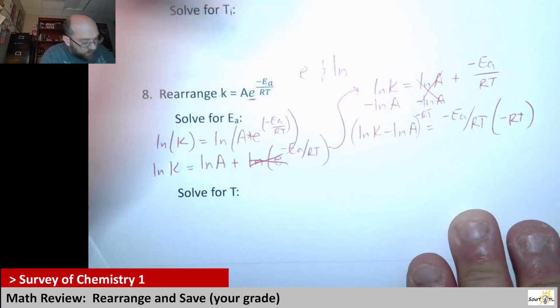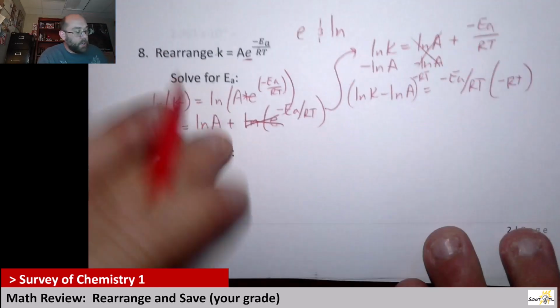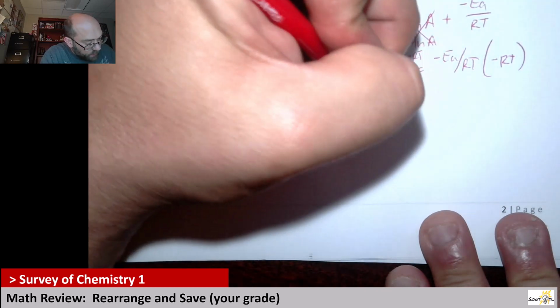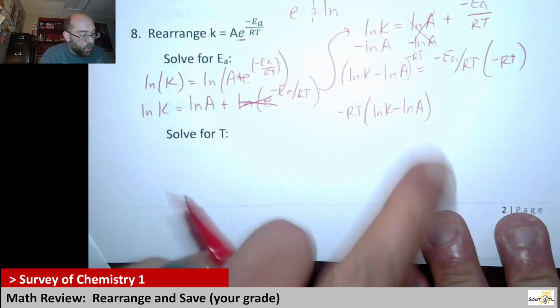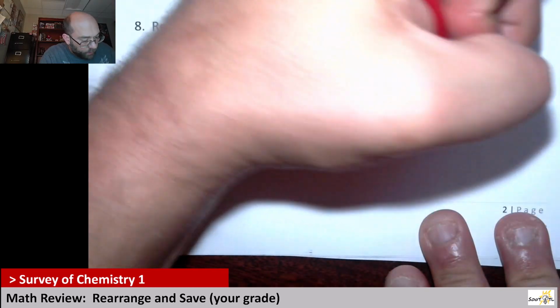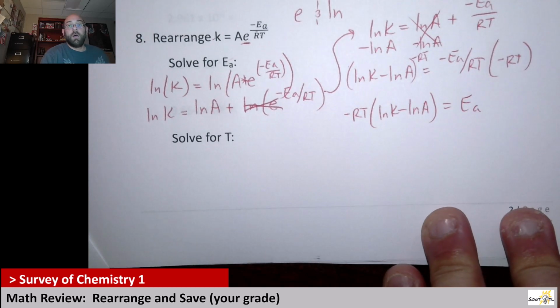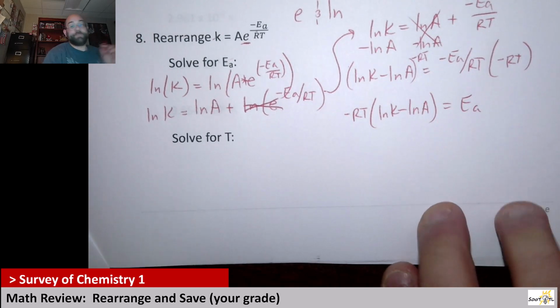That's what I'm doing up there, I'm multiplying. So what does that give me? That gives me negative RT times natural log of K minus natural log of A, all in parentheses, is going to be equal to EA. All right? Okay, next one.